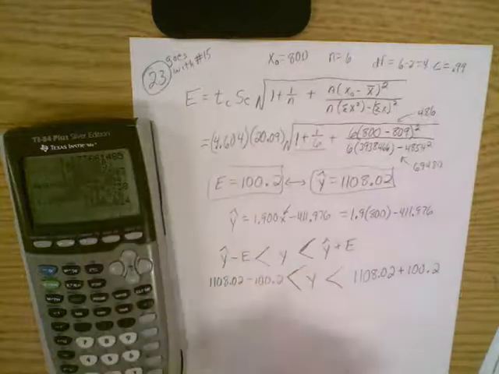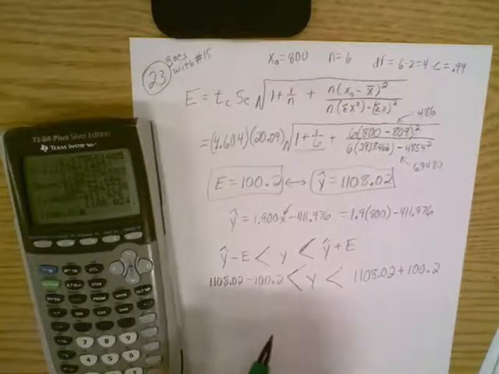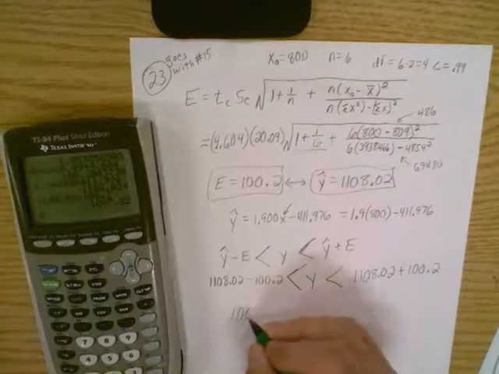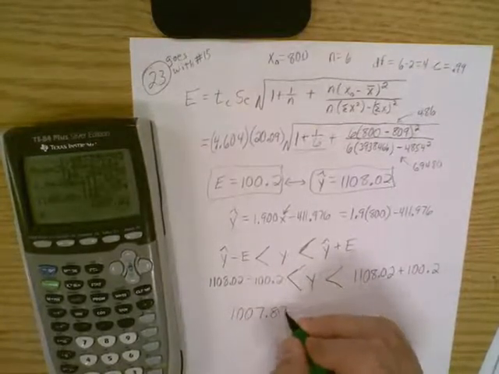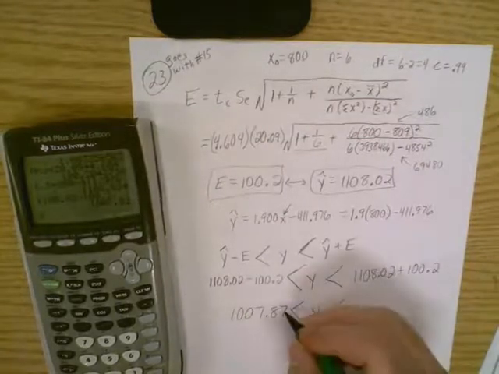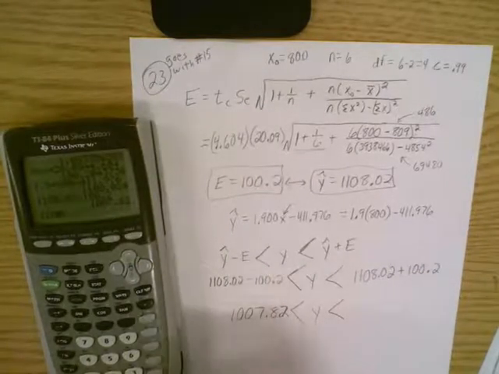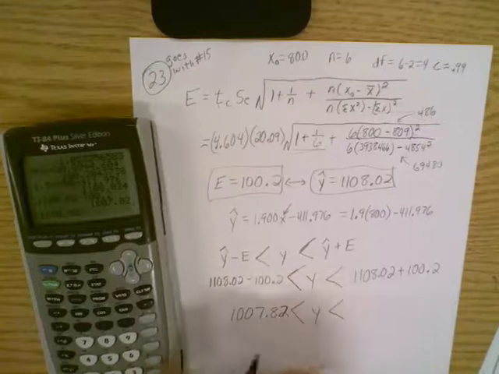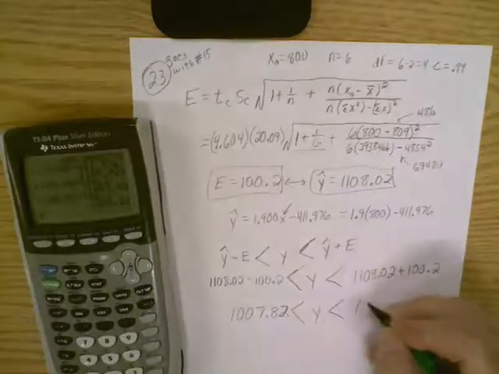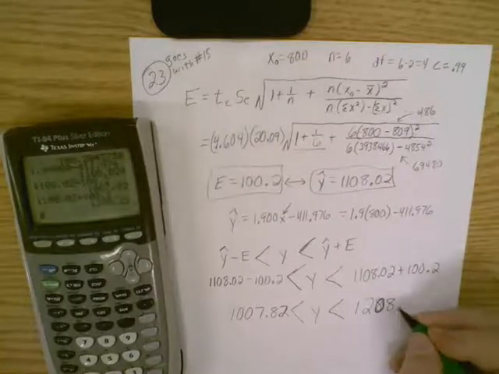So on my calculator, I'm just going to punch this in, 1108.02 minus 100.2, and that gives me 1007.82. 1007.82, not 107, and 1108.02 plus 100.2 gives me 1,208.22.